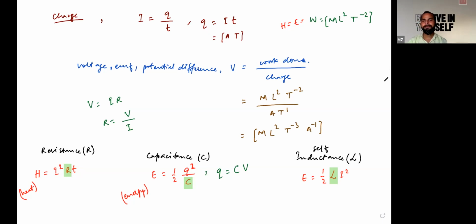Good, Ikram. You just write R is equals to, okay? Similarly, C is equals to.